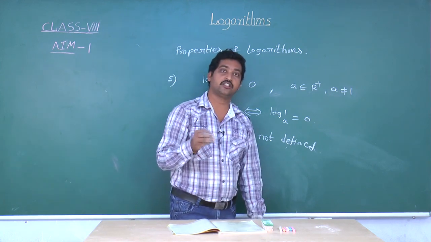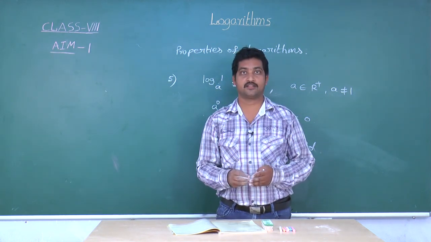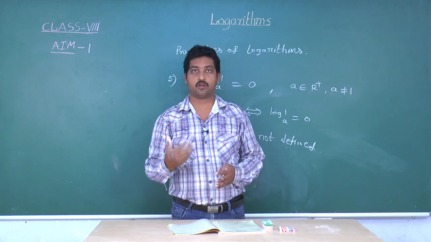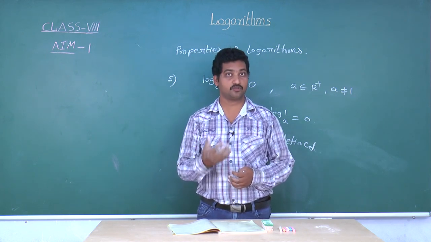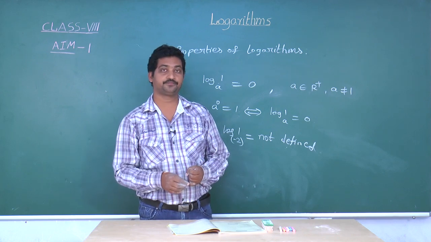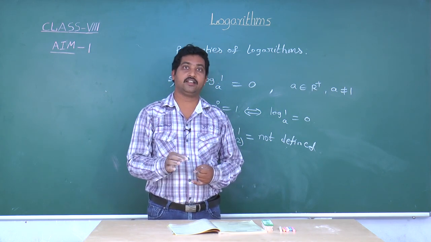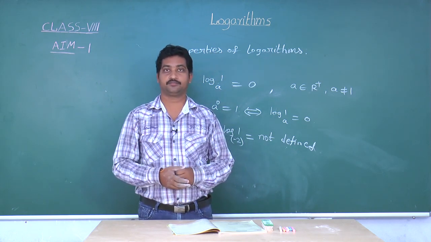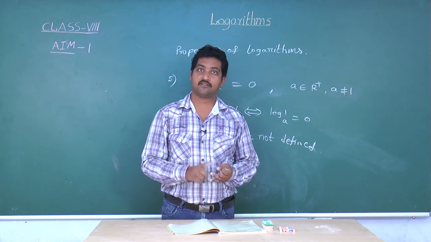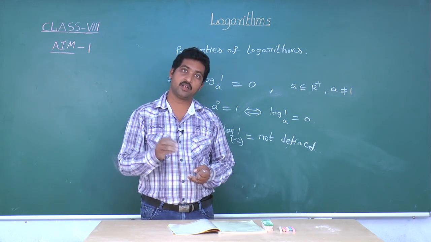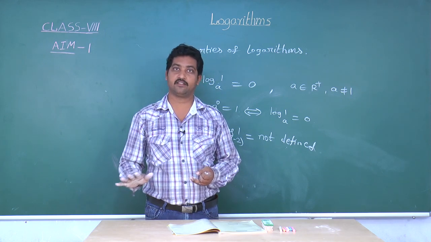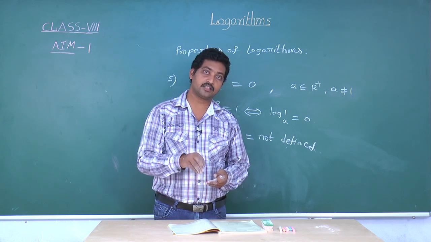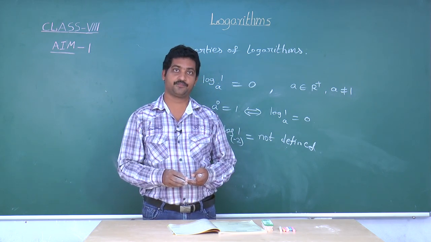Now whenever we are using logarithms, we have to keep all these 5 properties in mind. What are those 5 properties? Let me explain again. First property: logarithm of non-positive real numbers is not defined. Second: logarithm of the same number with different bases are not equal. Third: logarithm of different numbers with the same base are not equal.